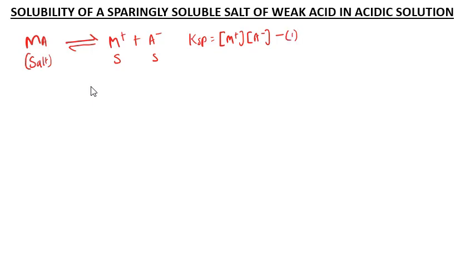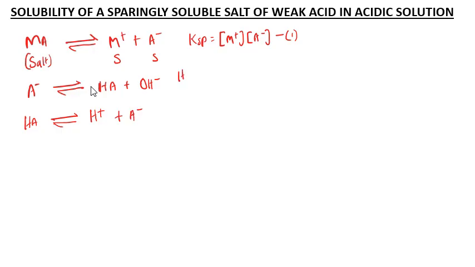Now A- is a part of a weak acid, so definitely it will undergo hydrolysis also. If it does hydrolysis, A- in water can give you HA plus OH-. This is anionic hydrolysis. Now, this HA is a weak acid, so the HA can dissociate into H+ plus A-.